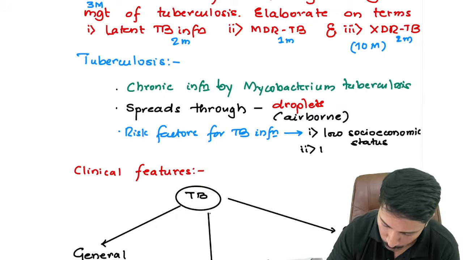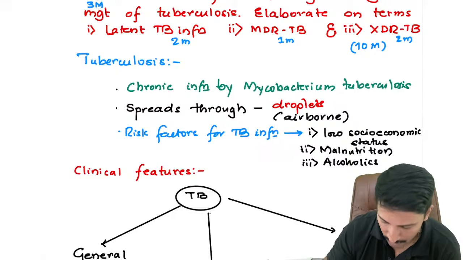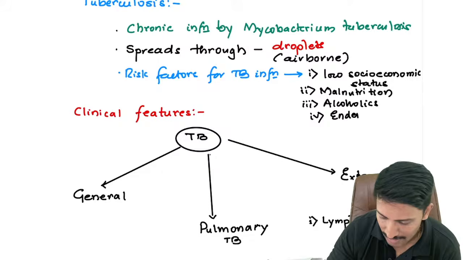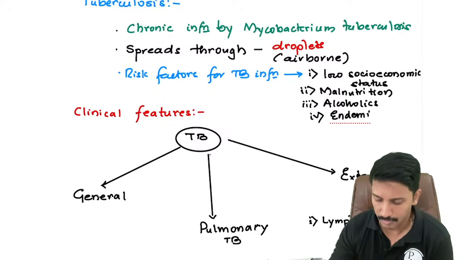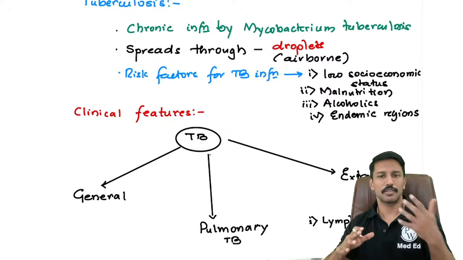Second, people with malnutrition are at increased risk of developing TB infection. Third, even alcoholics are at higher risk of developing TB infections, as are people living in endemic areas, right? Whole India is endemic. So of course, Indians are at increased risk of developing tuberculosis in comparison to the Western world, right?